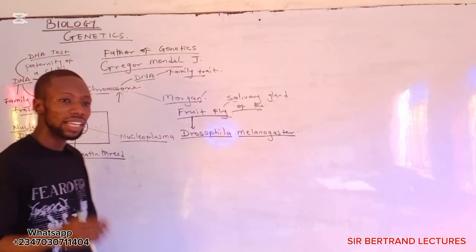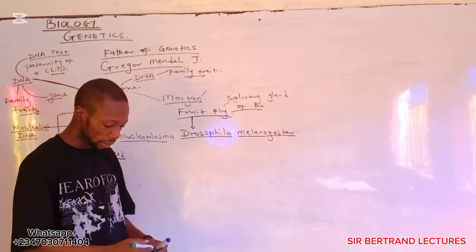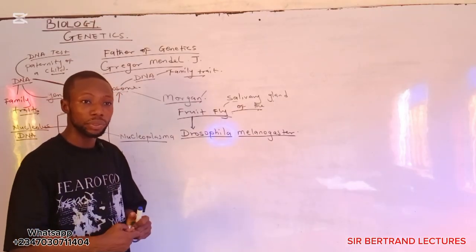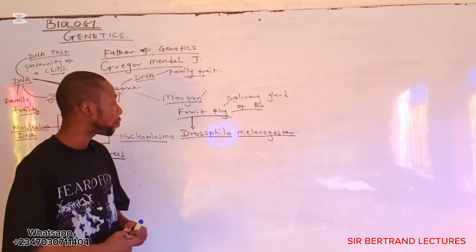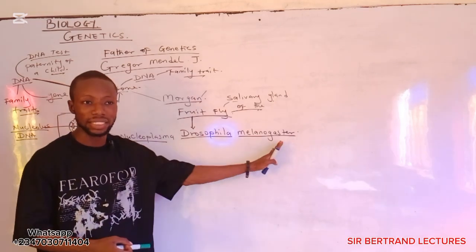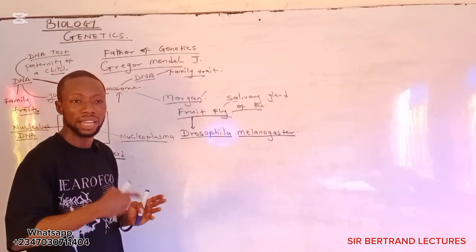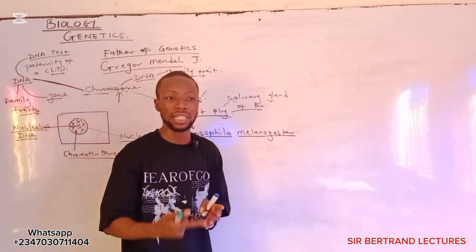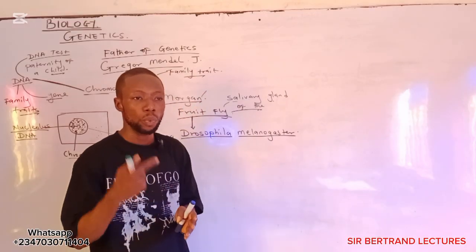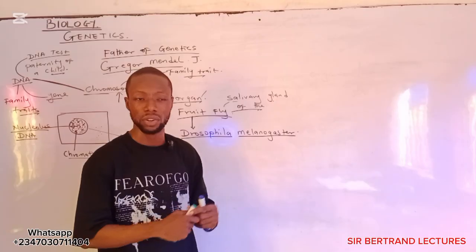of the chromosome. Then in your exam question, you were asked which of the following organisms is extensively used in the study of hereditary theory. The answer is Drosophila melanogaster, which is the fruit fly. You have other organisms like Musca domestica, which is the house fly. We have another option, Zea mays, which is normal maize, right?